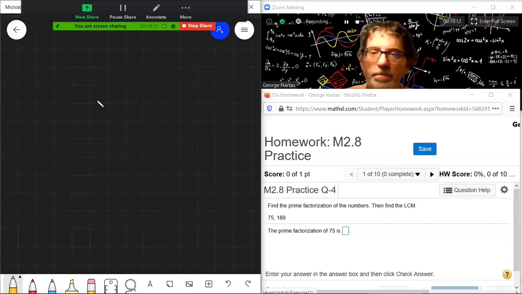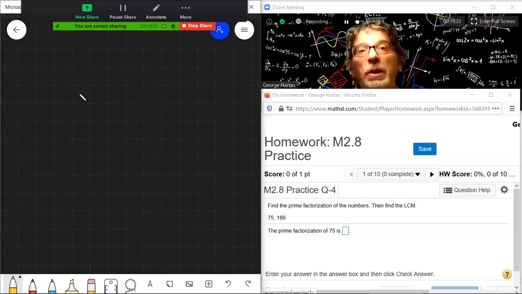All right. Now, find the prime factorization of the numbers and then find the LCM. As I covered before, there are different ways to do prime factorization. You can use divide by primes, which is fine. I like to use the factor tree. You can also use the list of multiples, one list of multiples.